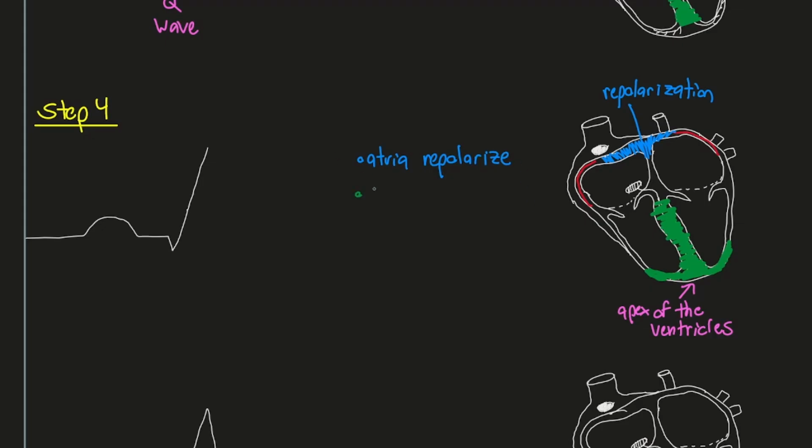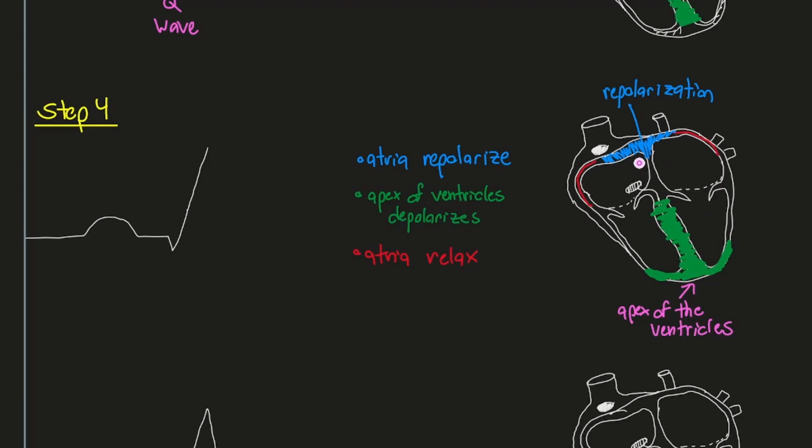We can also put down that the apex of the ventricles depolarizes, and we can put that the atria relax. Now, all this happens due to the conduction moving further down the heart.